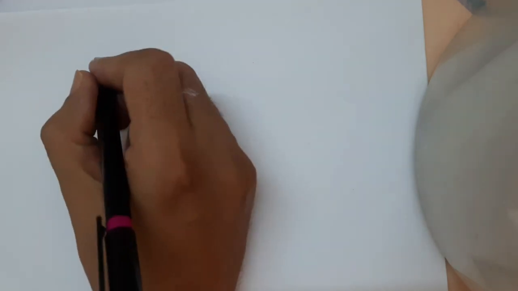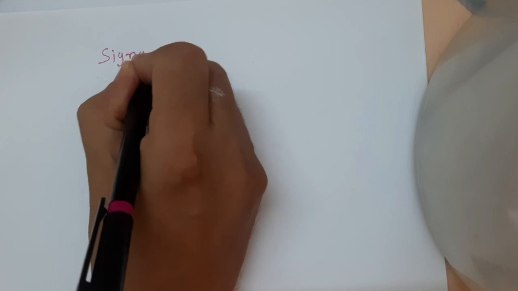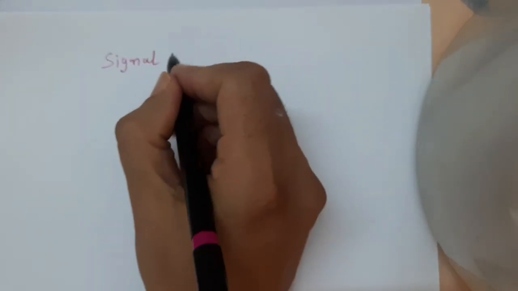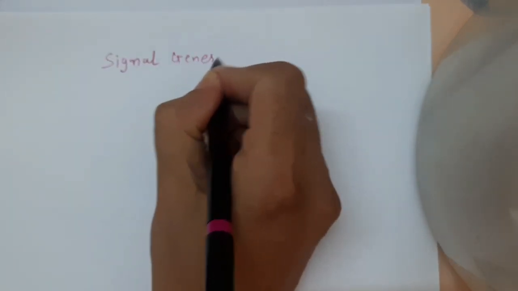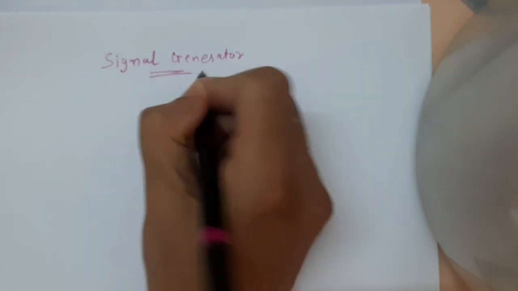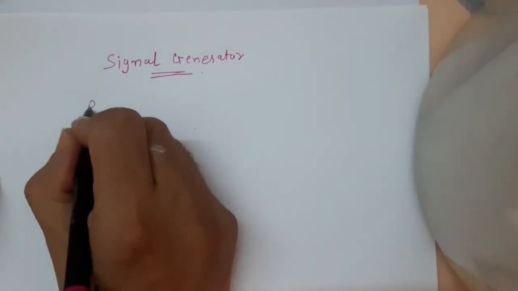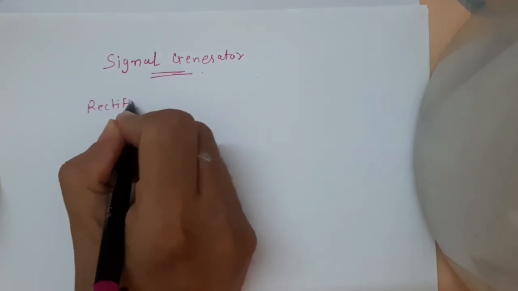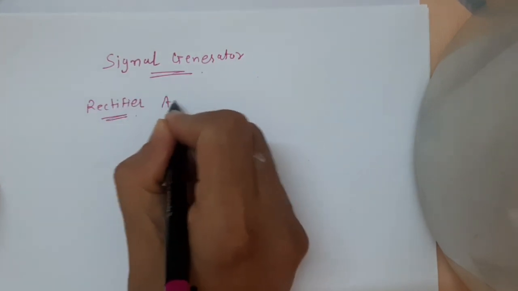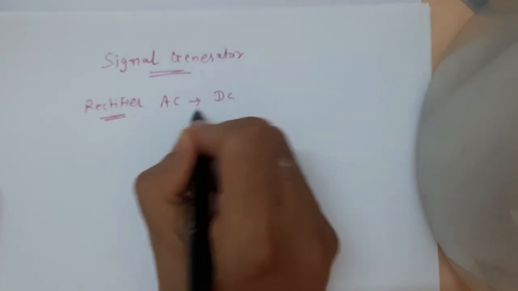Here we just repeat the last lecture. The main function of the rectifier is conversion of AC into DC.